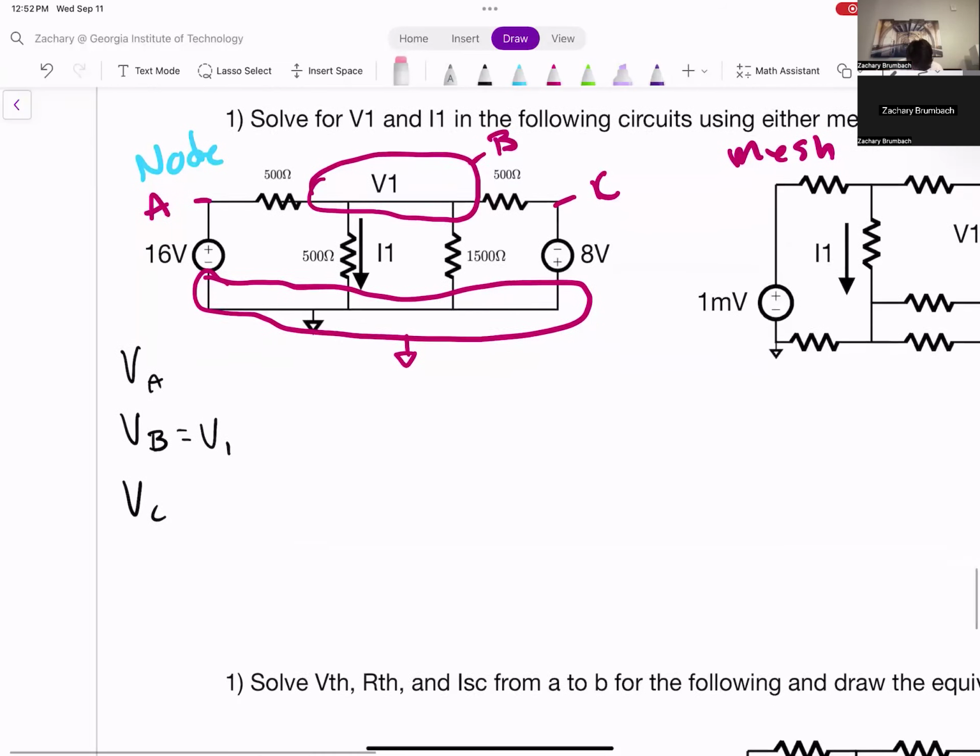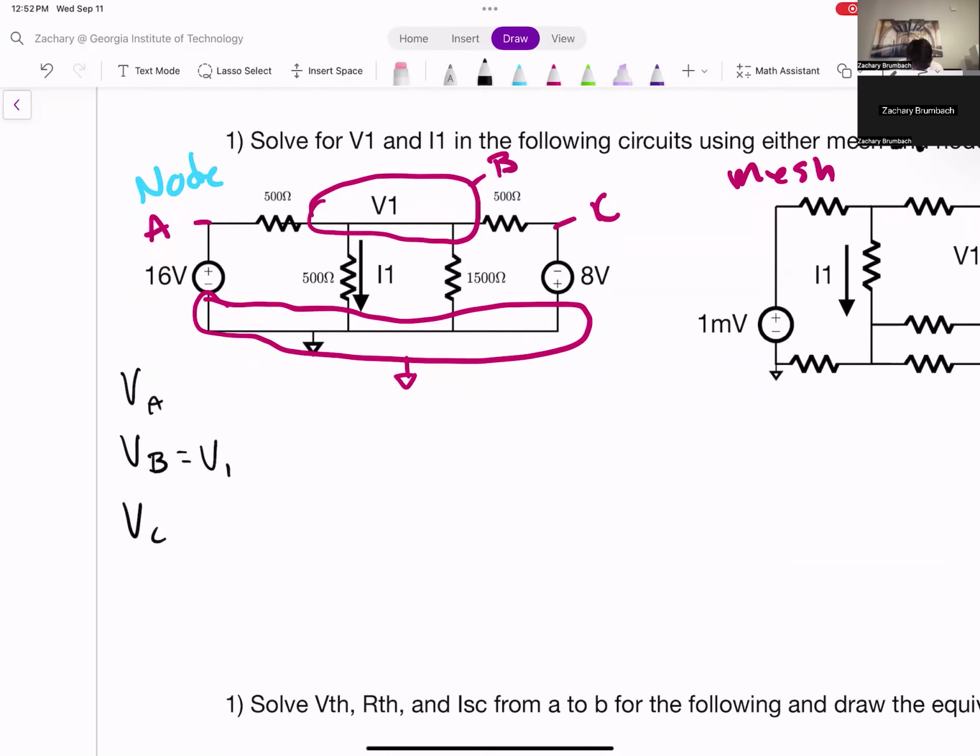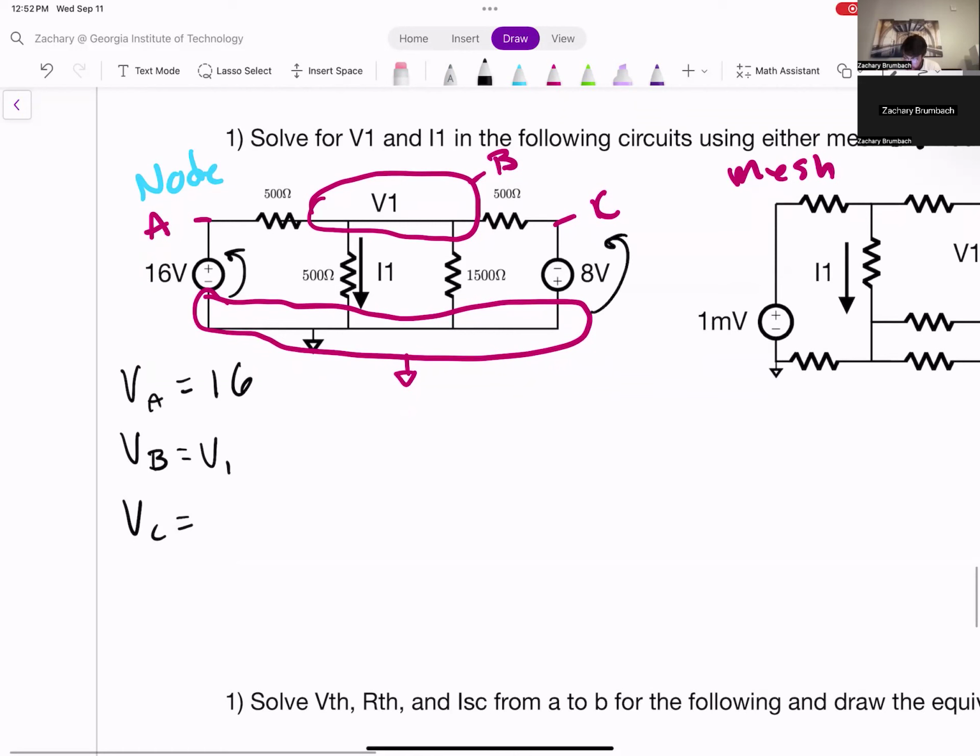All right, so VA is actually rather straightforward here because across from ground, we have a 16-volt source. It means VA is just 16 volts. Likewise with VC, we have an 8-volt source, but it's backwards, so it's negative. The difference from here to here was 16 volts.